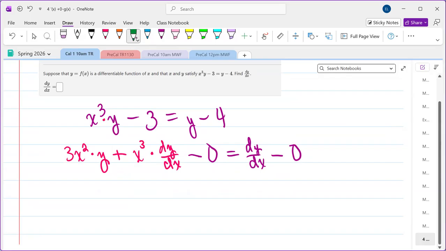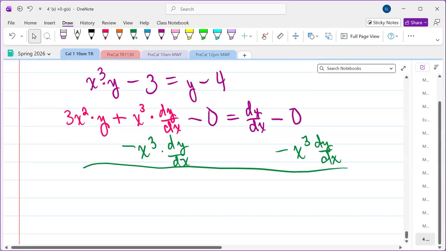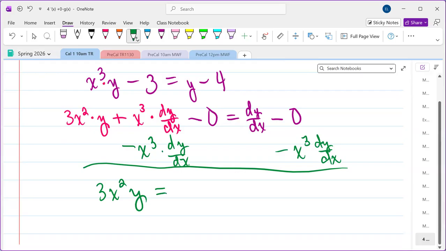All right, so I've got two terms with dy dx. I'm going to minus the x cubed dy dx to the other side. So I have 3x squared y equals dy dx minus x cubed dy dx.